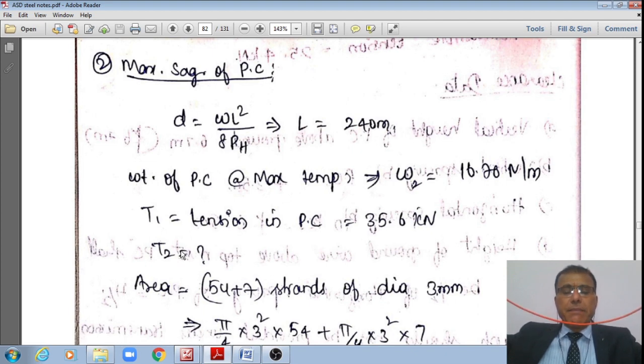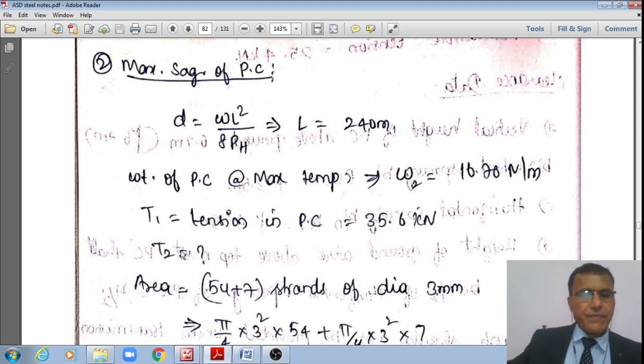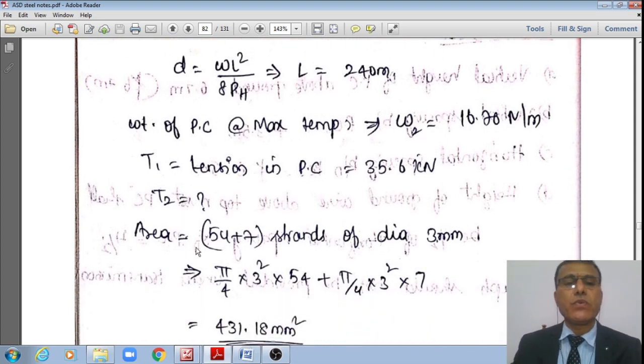When temperature is maximum, the dip is more and the tension is less. When temperature is less, the dip is less. However, the tension in the cables or power conductor will be more. Therefore, I need to find out what is T2.